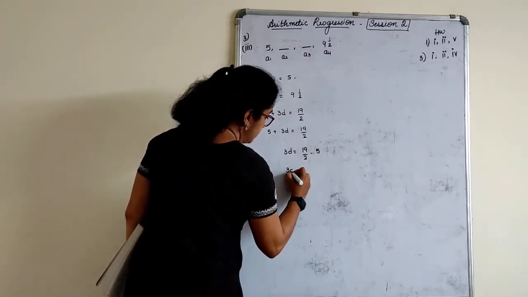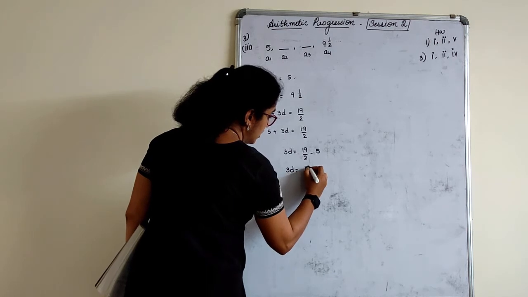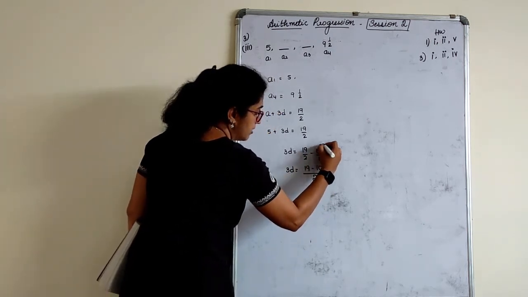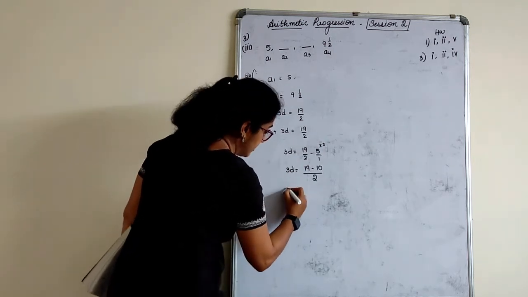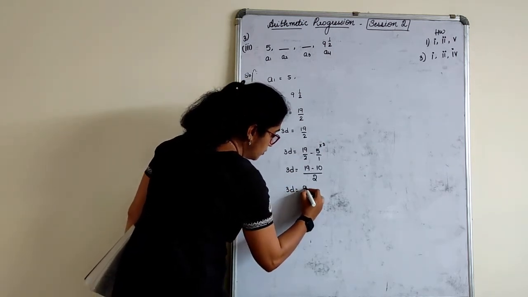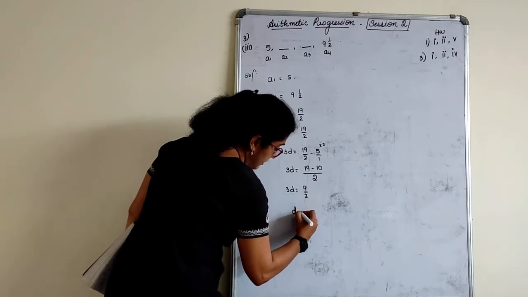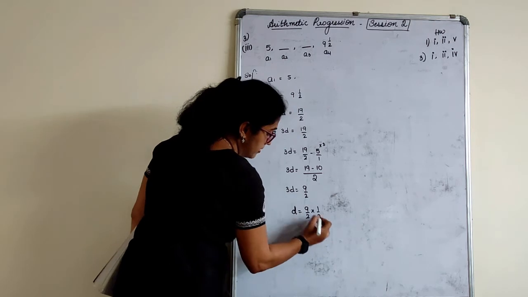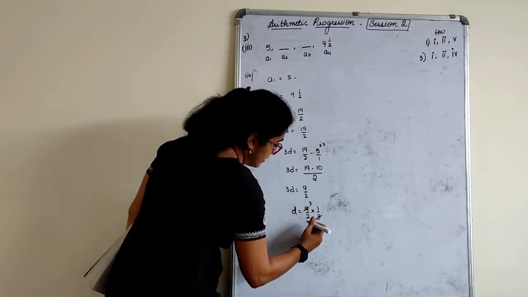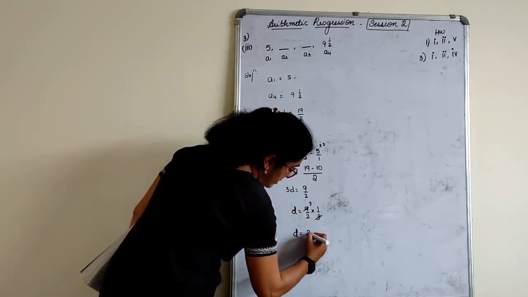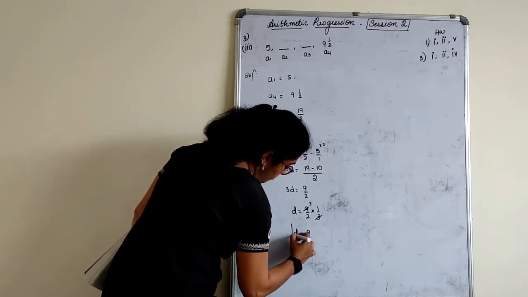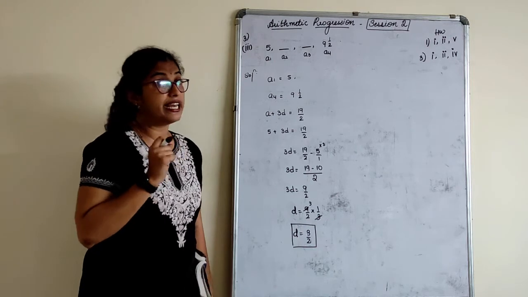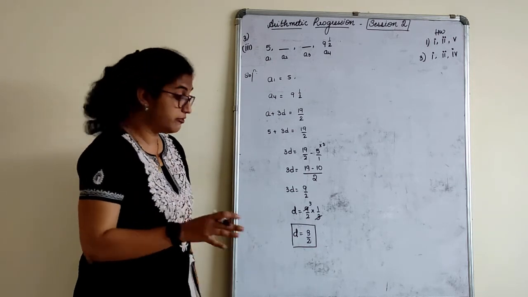So take LCM. 3D is equal to 19 minus 10 divided by 2. So this is 1 into 2. 19 minus 10 is 9, 3D is equal to 9 by 2. D is equal to 9 by 2 into 1 by 3. This 3 comes down. 3 ones are 3, 3 threes are 9. Common difference is 3 by 2. The steps might look too many, but I have written each and every step without missing a word.